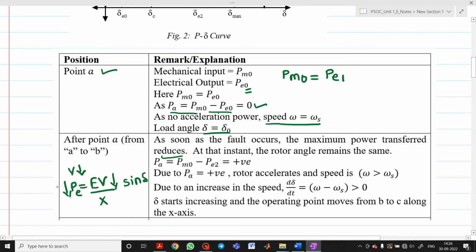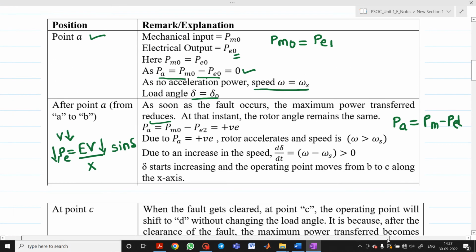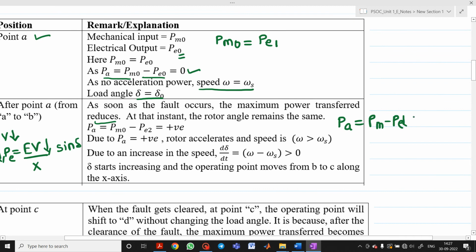So as V reduces, PE will also reduce. Now we know the relation: PA is equal to PM minus PE. So as PE reduces, but PM is constant, the accelerating power will be more positive. That is, positive acceleration.